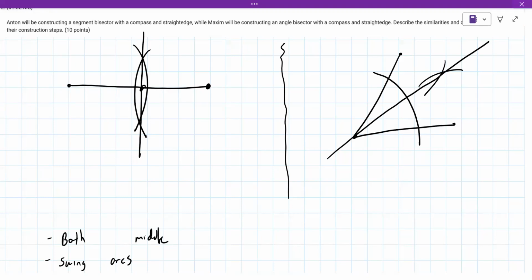I guess I can look and see what the formal definitions of these are: constructing a segment bisector and an angle bisector. Segment bisector. Angle bisector.